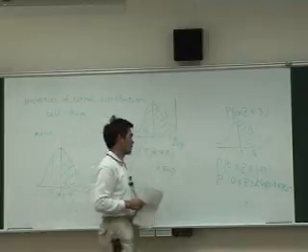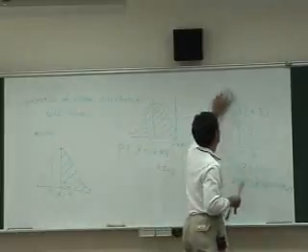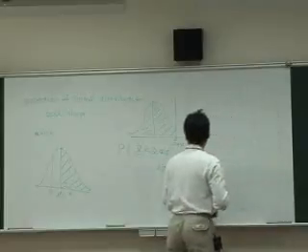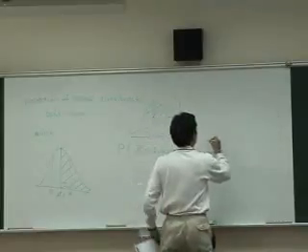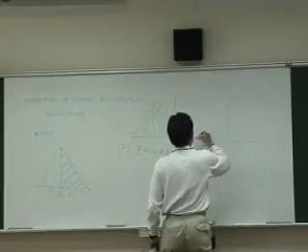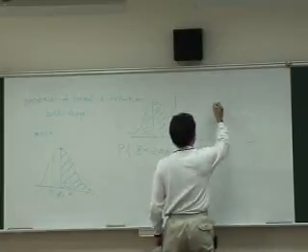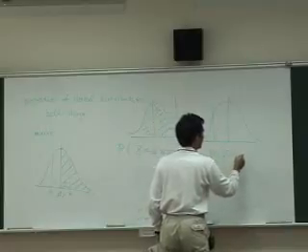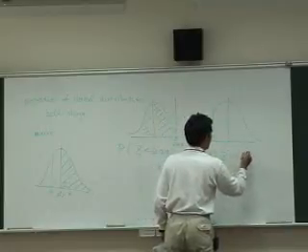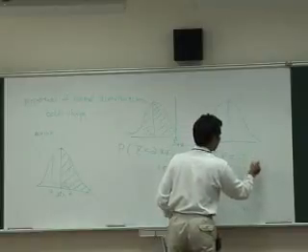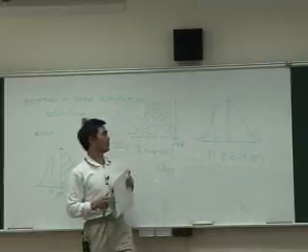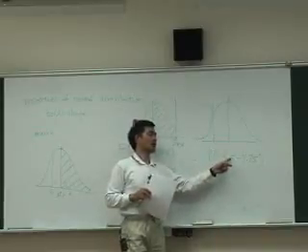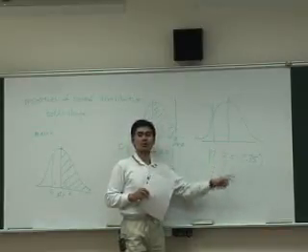Now let us try another one. We get here P(Z less than negative 1.75). Can anyone tell me what is the area for Z less than negative 1.75?